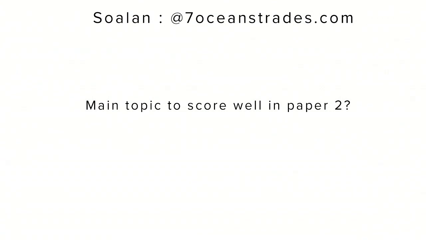Main topic to score well in paper 2. Here's the thing. Setiap topik akan tanya sekurang-kurangnya satu soalan. Kamu hanya ada 10 topik dan ada 11, 12. Topik yang kecil-kecil tak payahlah. Okey, tapi dia akan tanya satu soalan sebatian karbon, satu soalan ikatan kimia, satu soalan tentang kadar tindak balas, satu soalan tentang elektrolisis, satu soalan tentang redox, satu soalan tentang termokimia.